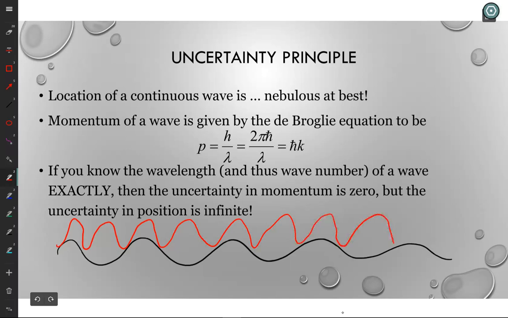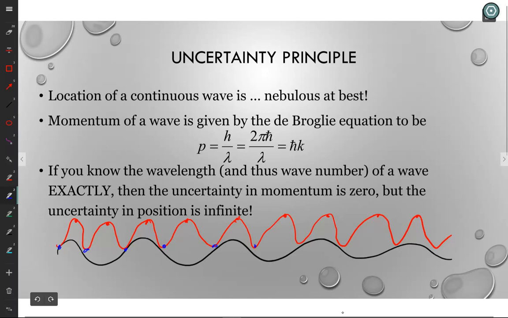Okay, so my artistry kind of fails because, of course, my wavelength did appear to change over space. But keep in mind, that's just my artistry. And now if I ask you, where is the particle associated with this wave, your answer is going to be, well, it has an equally high probability of being at each of these peaks with diminishing probabilities everywhere else, and zero probability of being found at these minima.